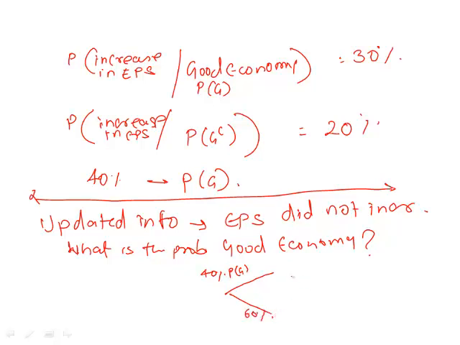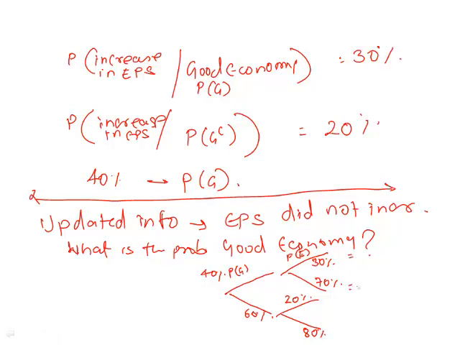Now, if it's a good economy, then the increase in EPS, let's call this probability of E, is how much? 30%, which means not increasing EPS is 70%. Again here, if it's not a good economy, the increase in EPS is 20%, which means not increasing is 80% because the total has to be 100.